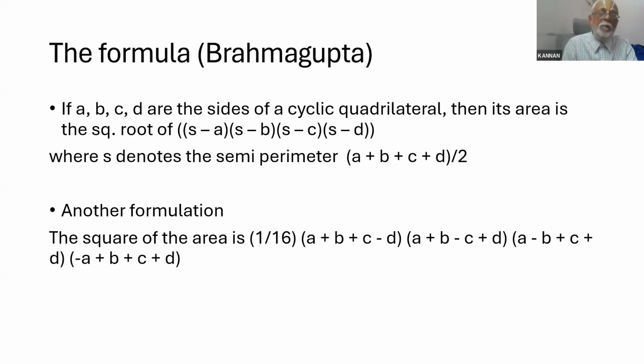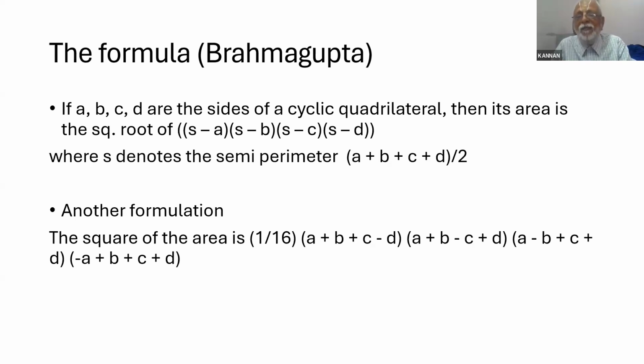The same formula, I should say in the beginning that Brahmagupta did not use these symbols. Without symbols, he is stating the formula. We are going to see the actual statement of Brahmagupta a little later. The same formula can be formulated differently also.